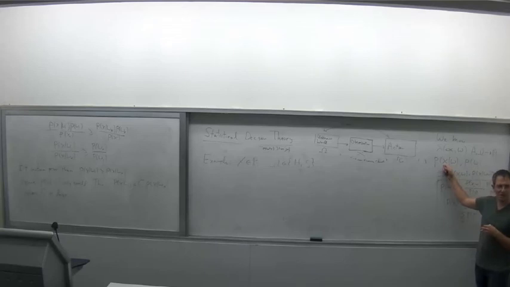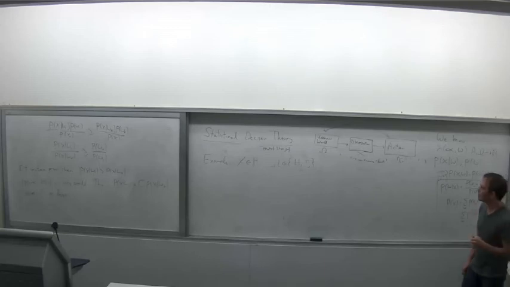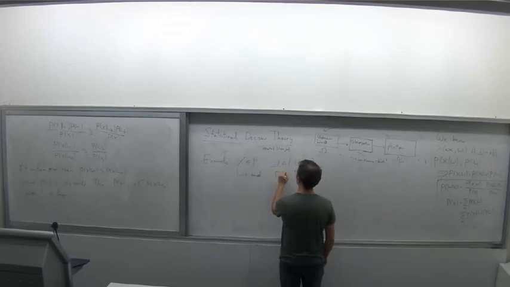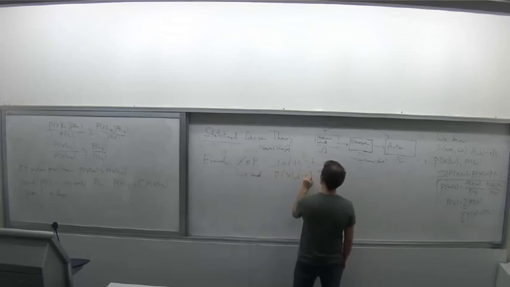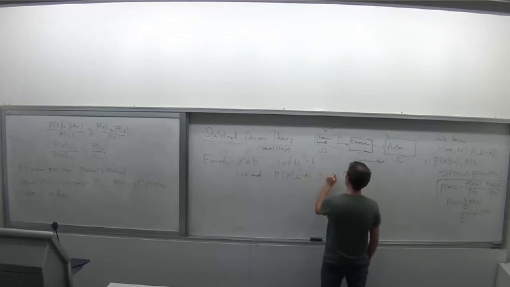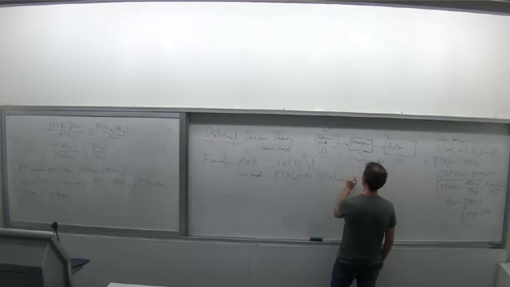What is this? It's the probability of having a particular temperature, given that you're healthy, and given that you're sick. So we need the following distributions: P of x given that you're healthy, and P of x given that you are sick.